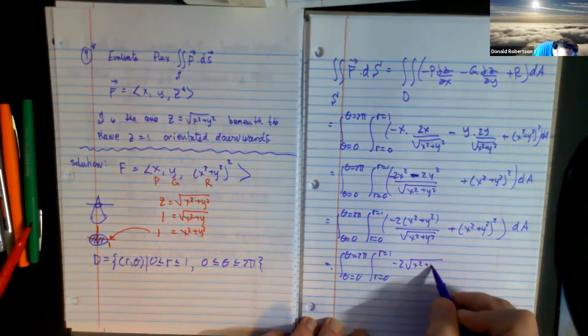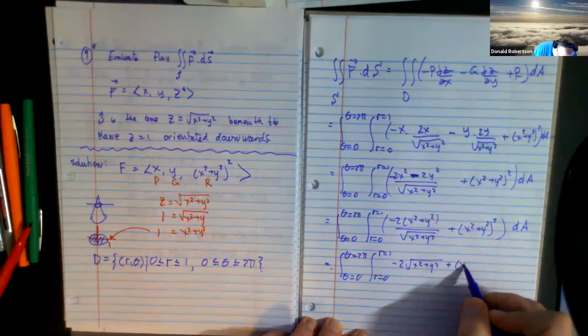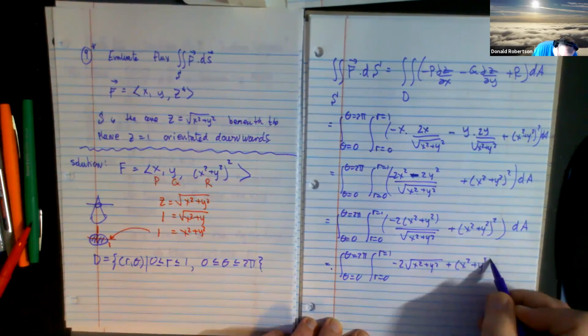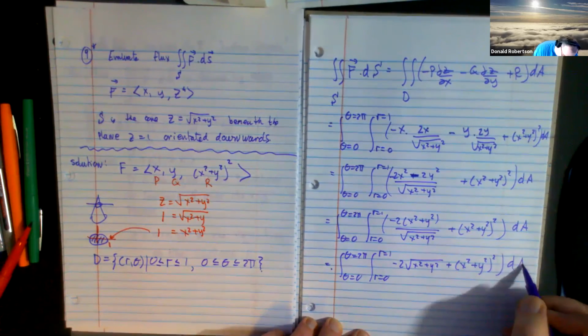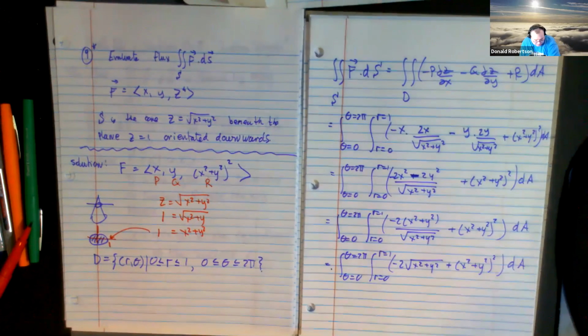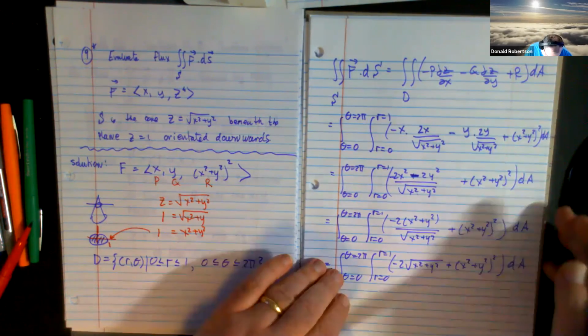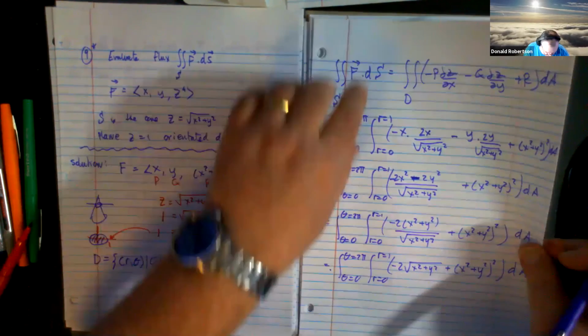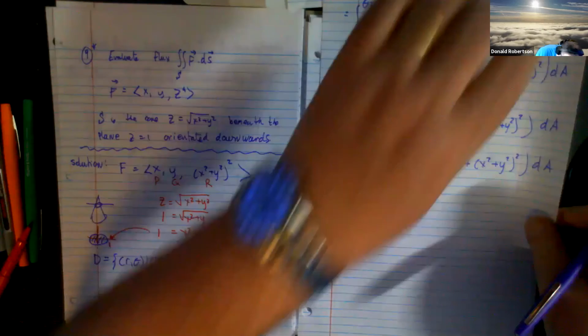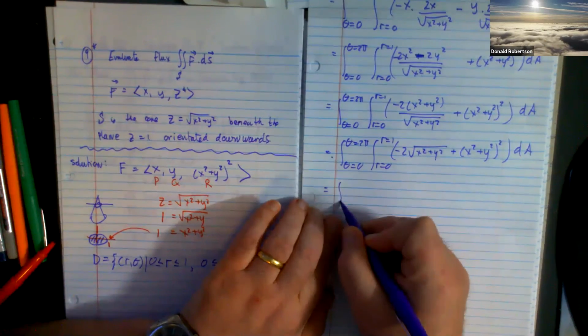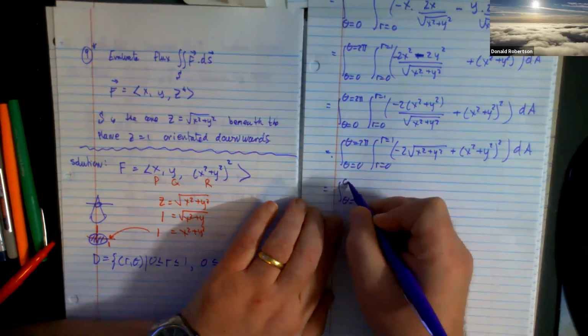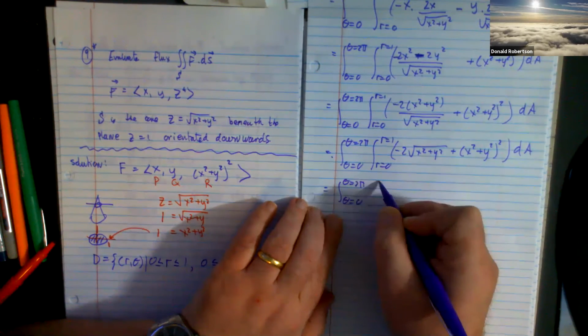We're almost there. At this point, I think it's ready to be turned into polar. I've already got the D in polar. You have these two guys that have kind of been following us all the way down.